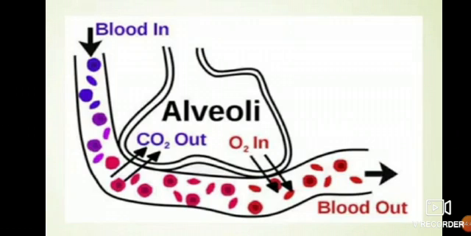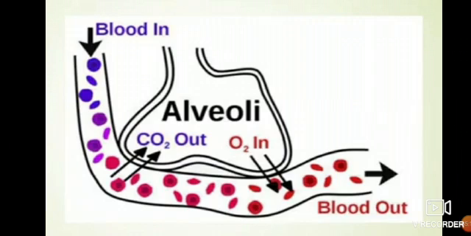Okay, so you all know that living things give out or produce waste material. So at the same time, when the blood is transferring the oxygen to all parts of the body, the waste material, that is carbon dioxide, is also formed.